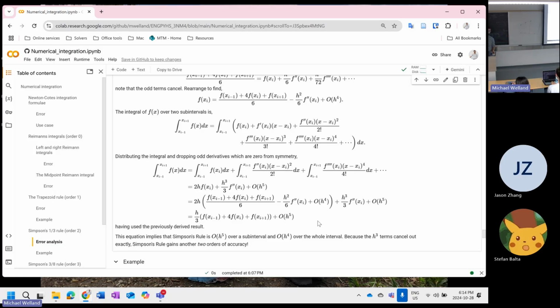But now you have to slap it together for the entire integration domain, and now you're down to an order h^4.